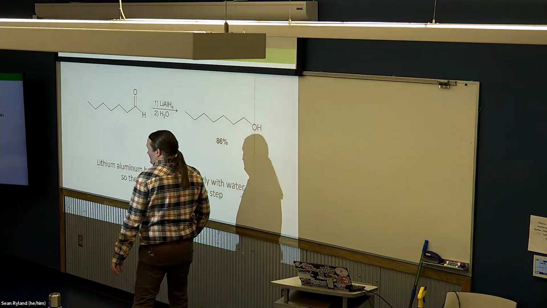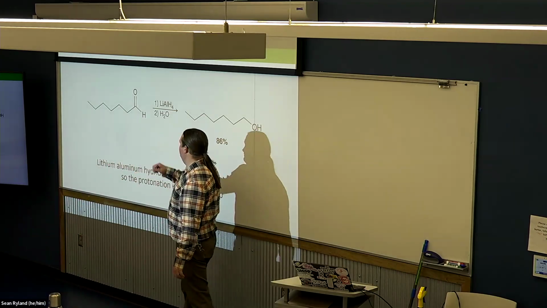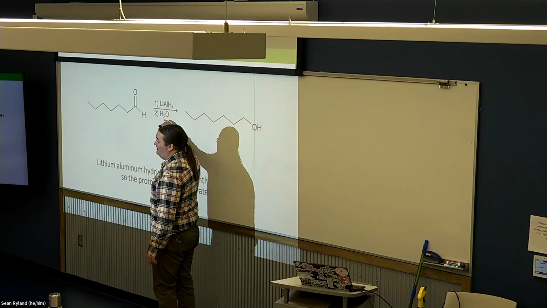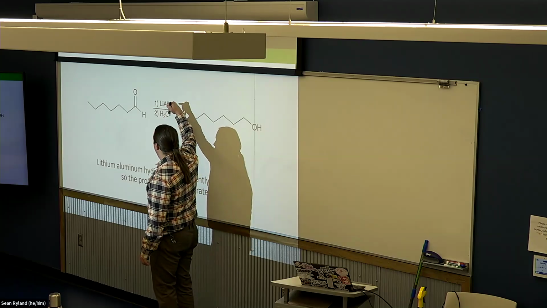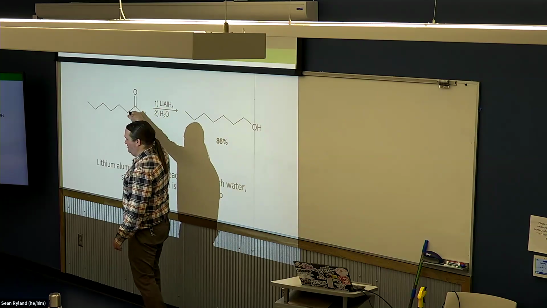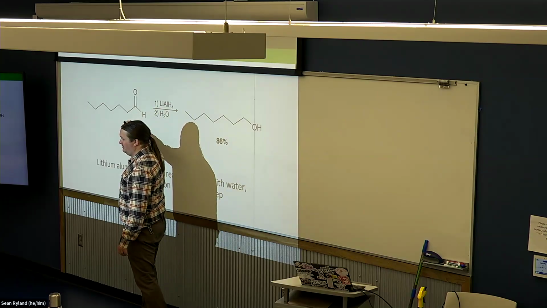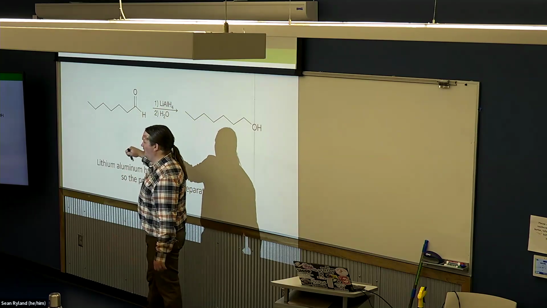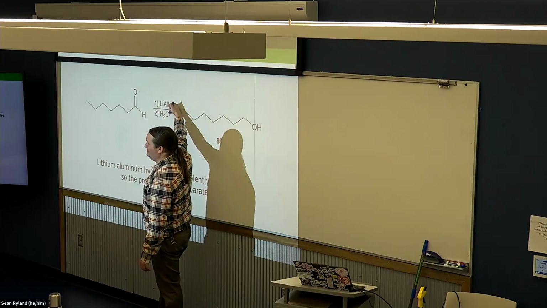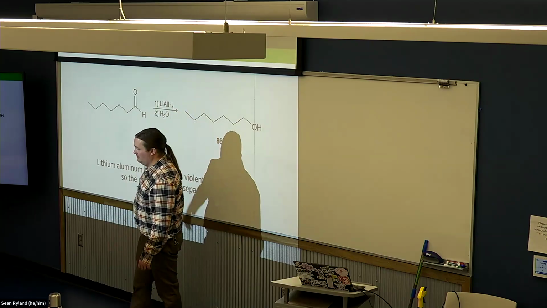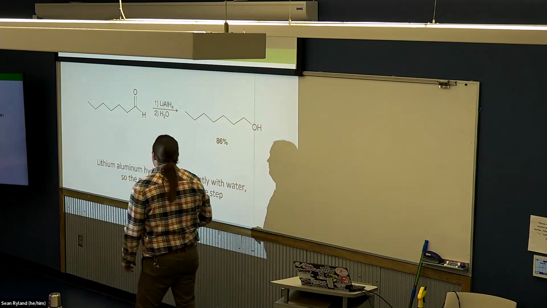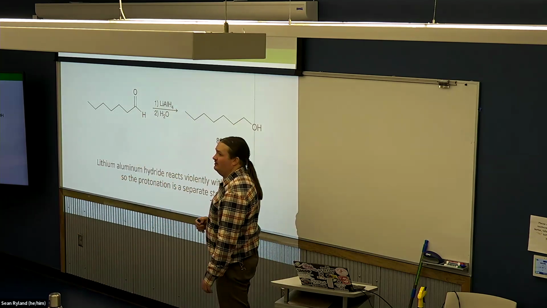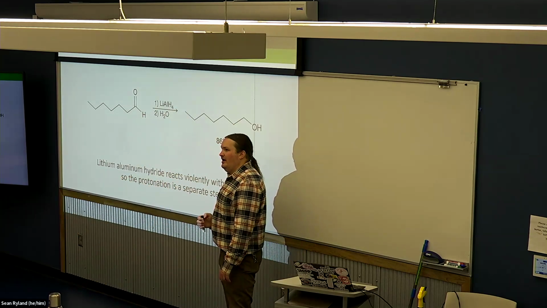But this procedure has it as a separate step. So you can expose your lithium aluminum hydride to your carbonyl first. And then you bring in water when all of this is gone, or at least most of it's gone. So it's actually useful. We did this, trying to think of what reaction it was.